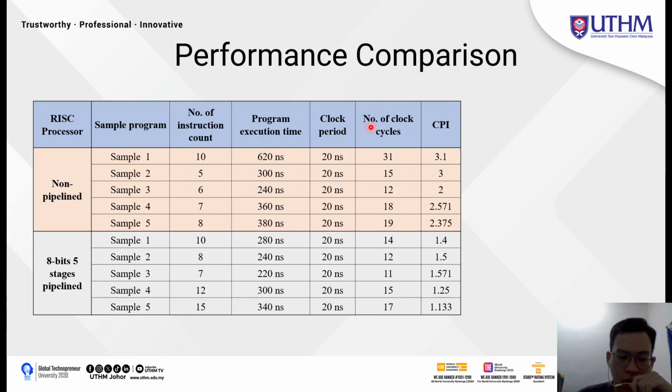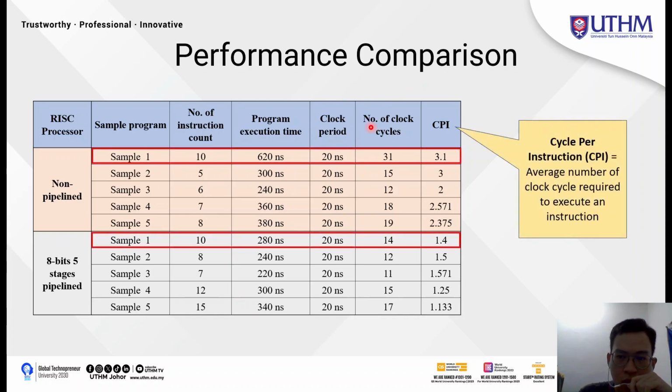Okay, CPI is cycles per instruction, which is the average number of clock cycles required to execute an instruction. Let's see sample program 1. The non-pipeline processor has a CPI of 3.1, which means that it requires an average of 3.1 clock cycles to execute an instruction in sample 1.